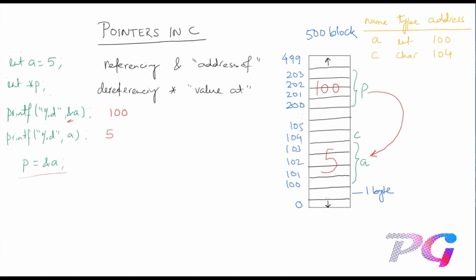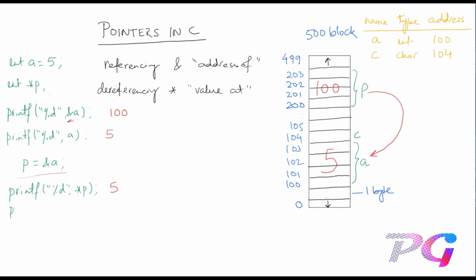Now, how to use the pointer variable? We can use the value by the dereferencing operator, that is the asterisk, or value at. Suppose we want to know the value of the variable which p is pointing to. We can get it by writing the printf statement with asterisk p. So this will print the value.